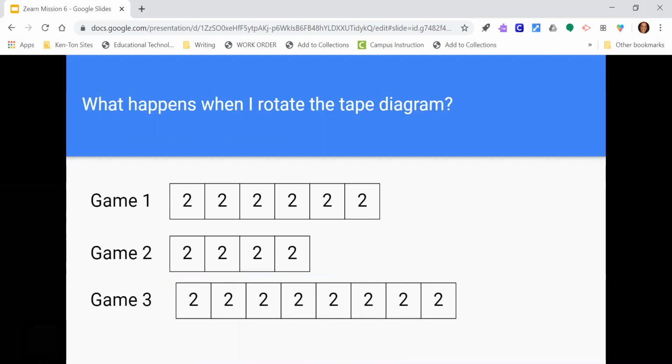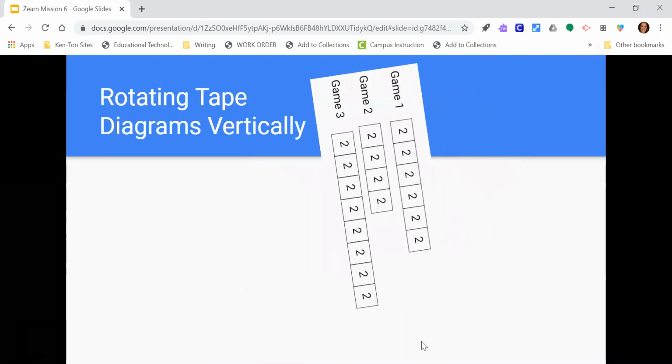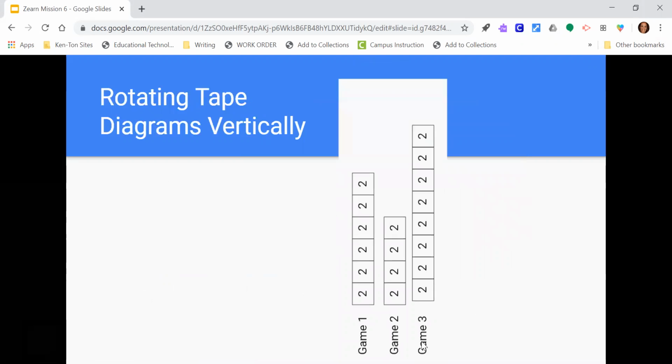We can see the data, we can see the values really nicely done. When we go to rotate it, does anything change? Besides the fact that the numbers are looking a little funny and in a different direction, none of the values in game 1, game 2, or game 3 change.